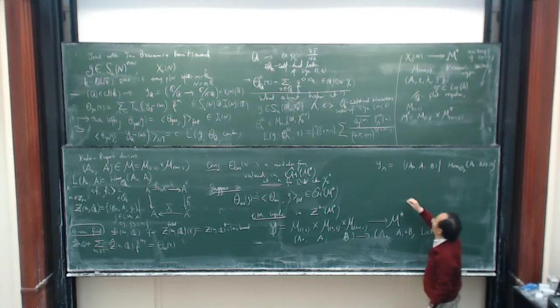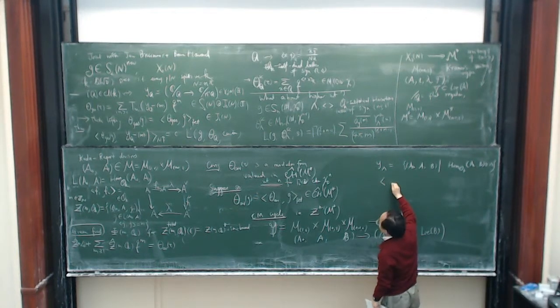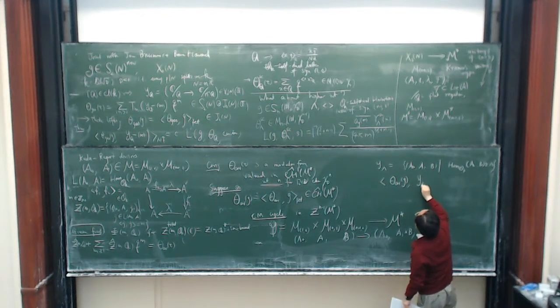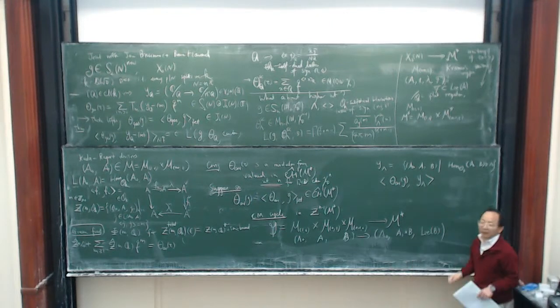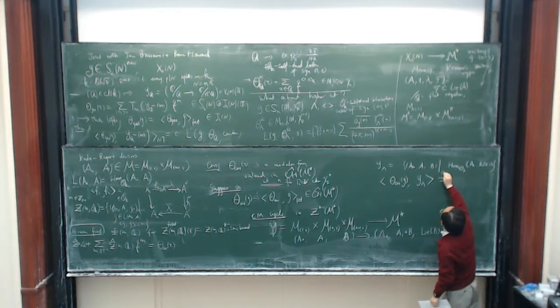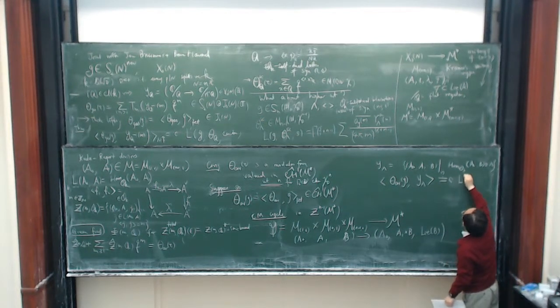I think I wanted to compute the arithmetic theta of Z lambda. This is the pairing. I hope this can be equal to C times the derivative of f at the center.